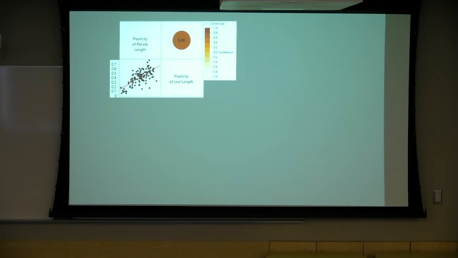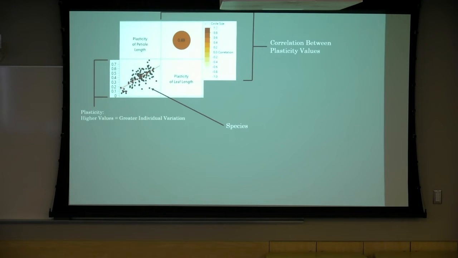Something interesting that we found was that these plasticity traits tend to correlate really highly with one another. What you're seeing here are two of those functional leaf traits correlated by their plasticity for each value on the y and the x-axis. So this is by the species. Again, our axes are plasticity, and this colored circle is the strength of the correlation.